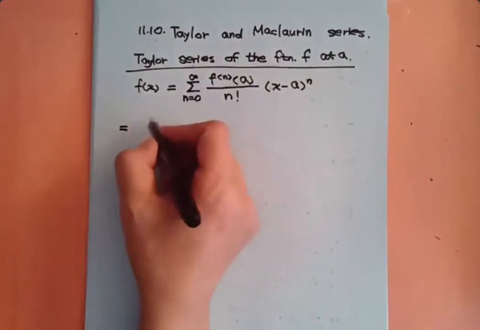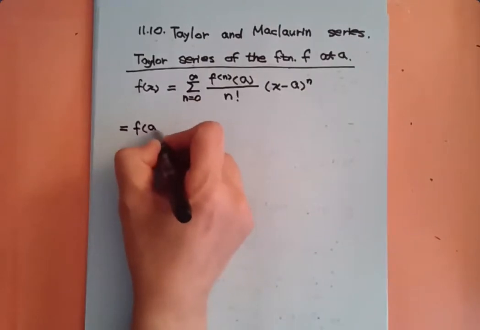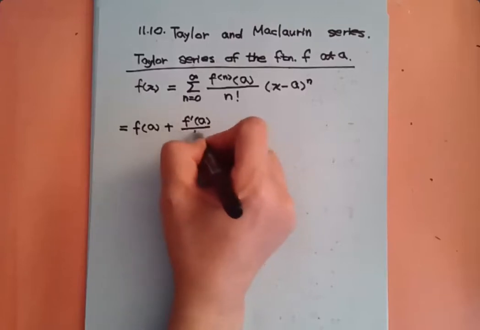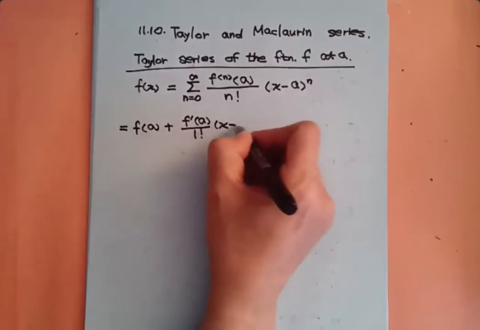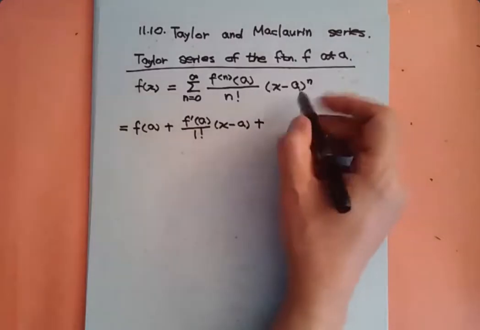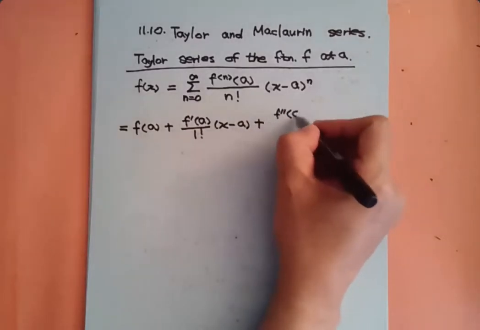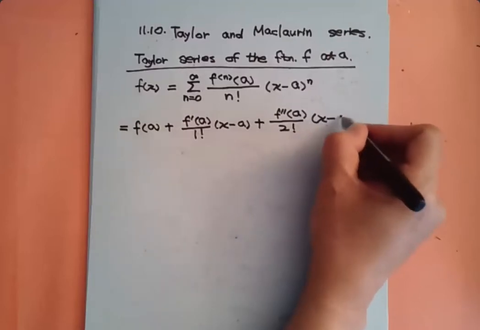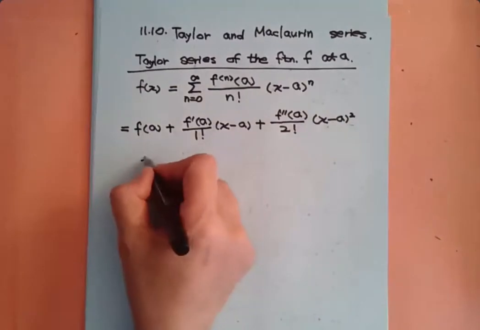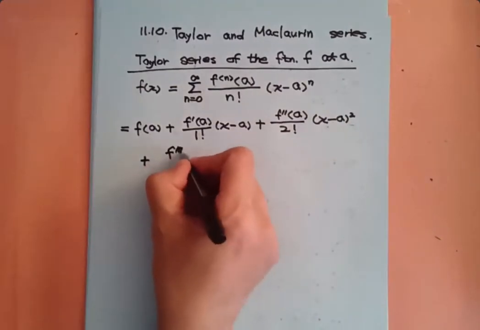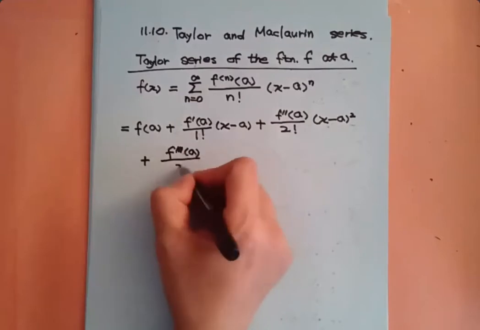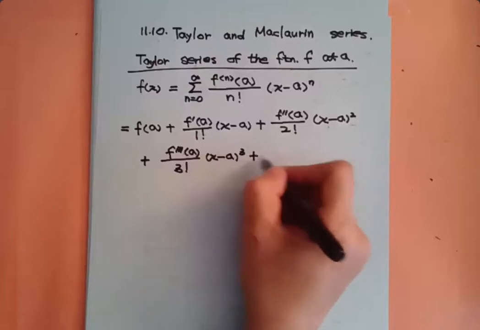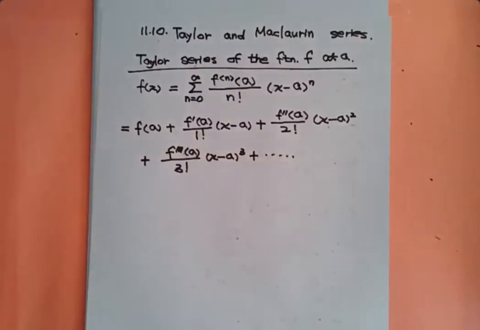If we expand that out, then we get f of a plus f prime of a over 1 factorial times (x minus a), plus f double prime of a over 2 factorial times (x minus a) squared, plus f triple prime of a over 3 factorial times (x minus a) cubed, and so on.